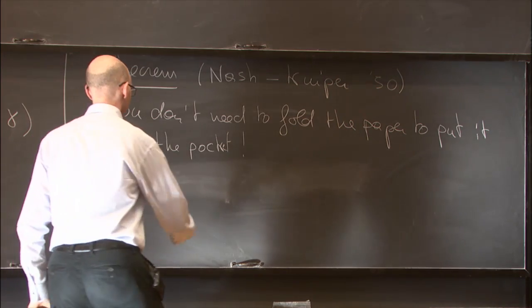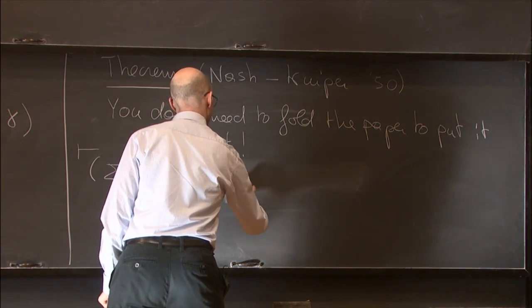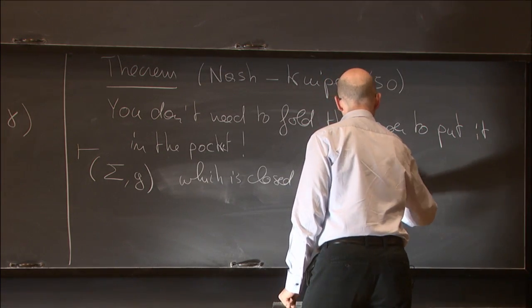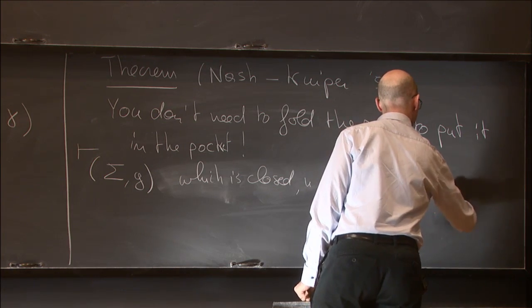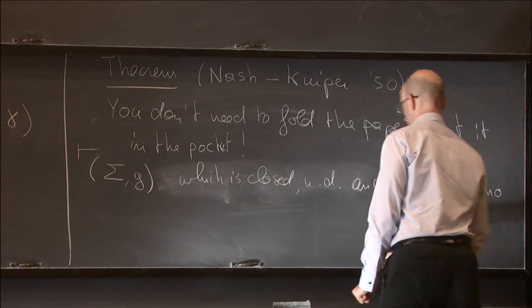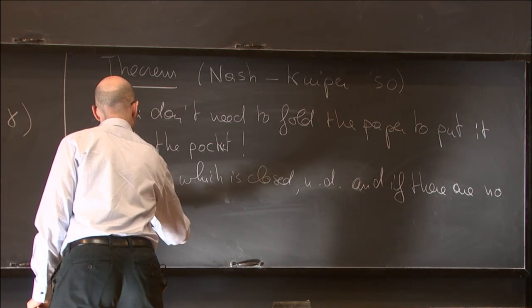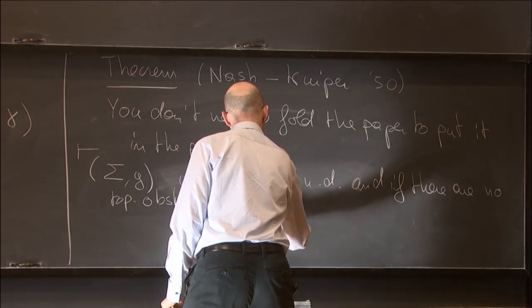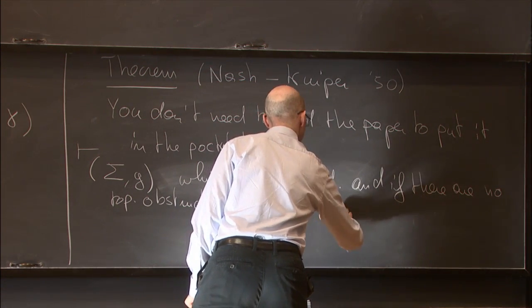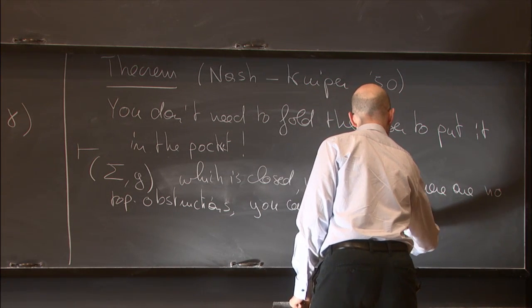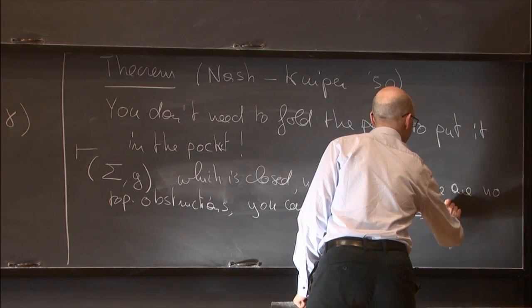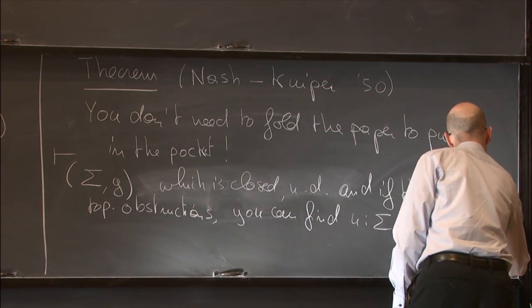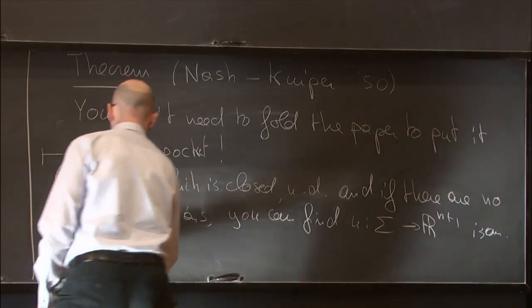If you have (Σ, g), which is n-dimensional, and if there are no topological obstructions, you can find an isometric embedding u from Σ into R^(n+1), so in one dimension more. So isometric embeddings in an arbitrarily small ball.